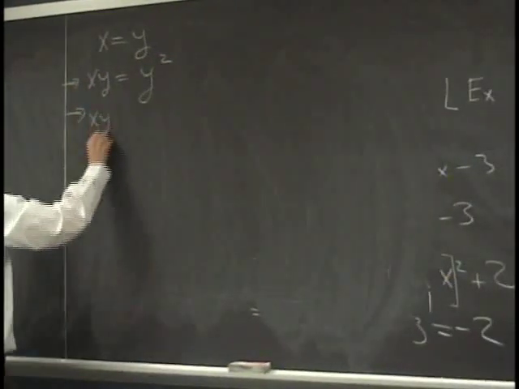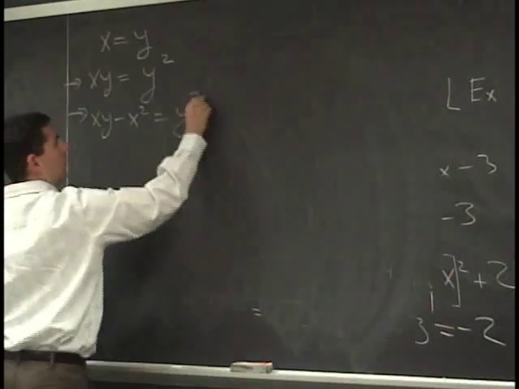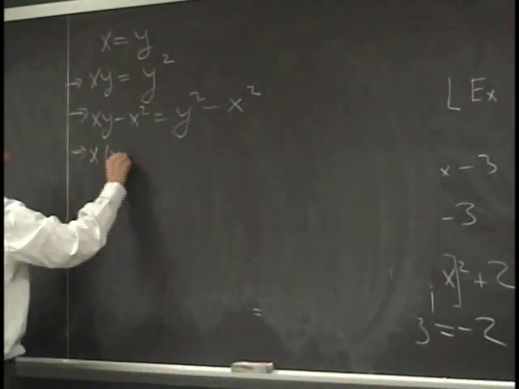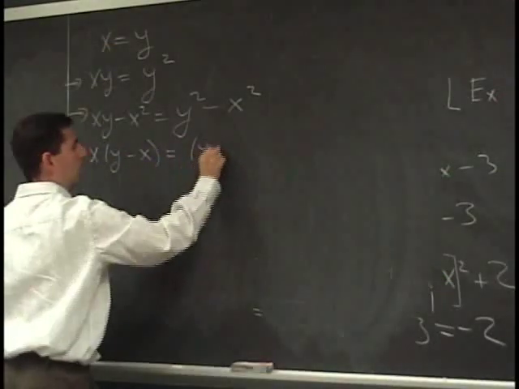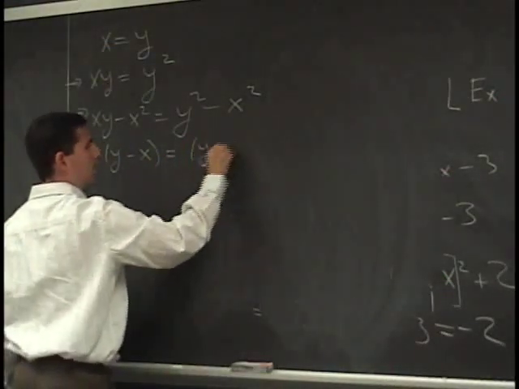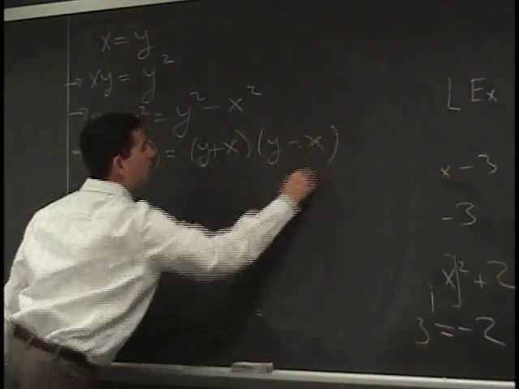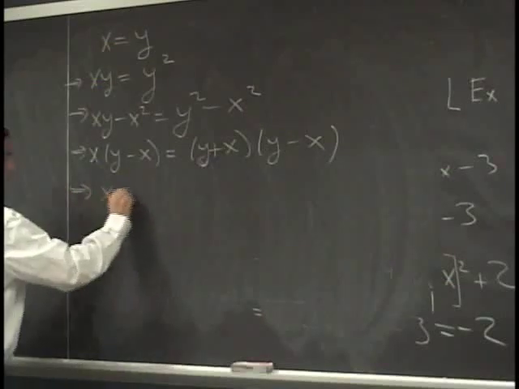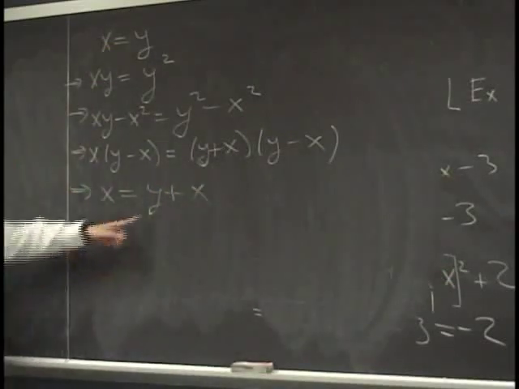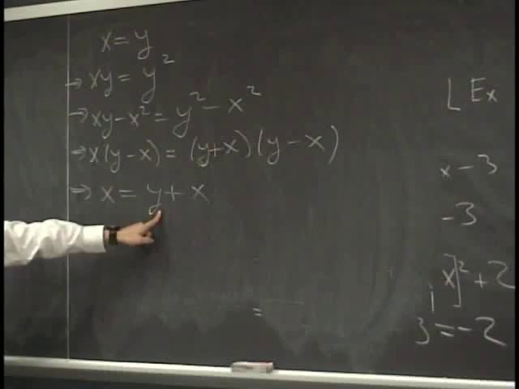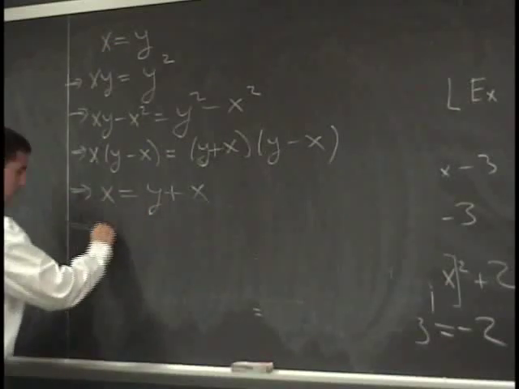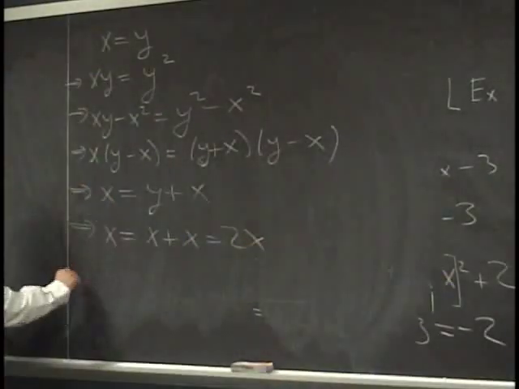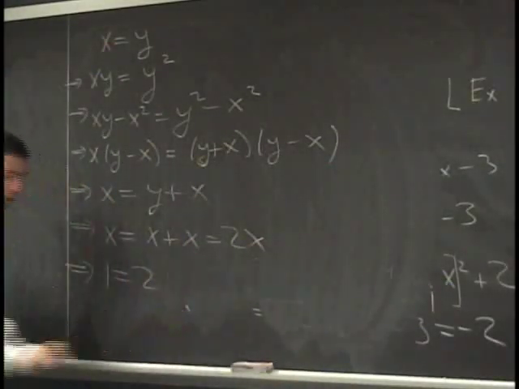We subtract x squared. Okay, we factor. We cancel the y minus x's. We recall that x is equal to y, so we can substitute x for y. And of course, x plus x is 2x. We divide by x, and 1 equals 2.